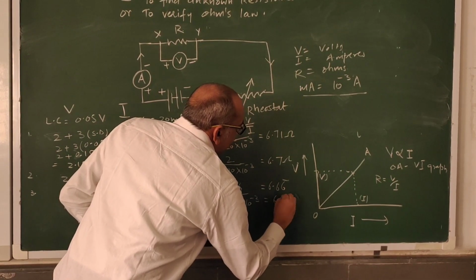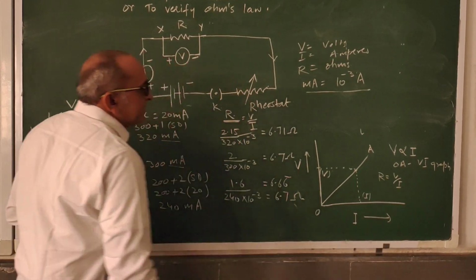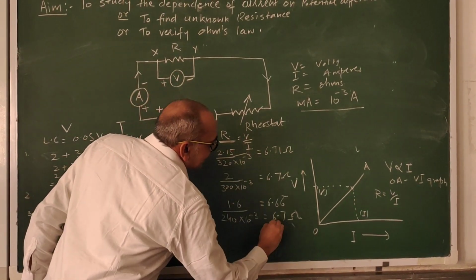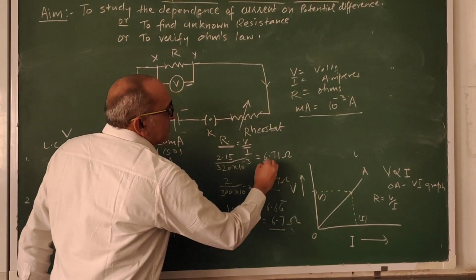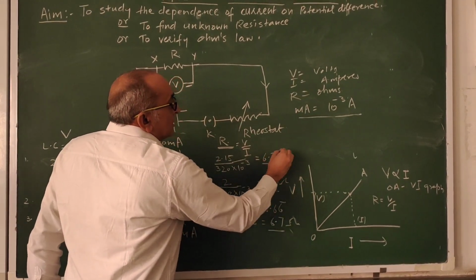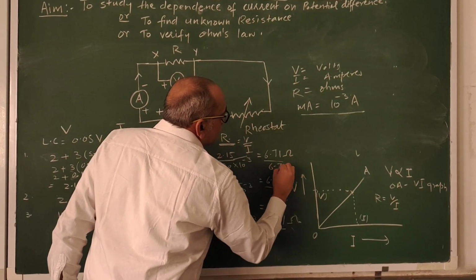This is nearly, on rounding, 6.7 ohm. So you have seen our resistance comes out to be 6.7, 6.7, 6.71. After rounding off, it is also 6.7 ohm.